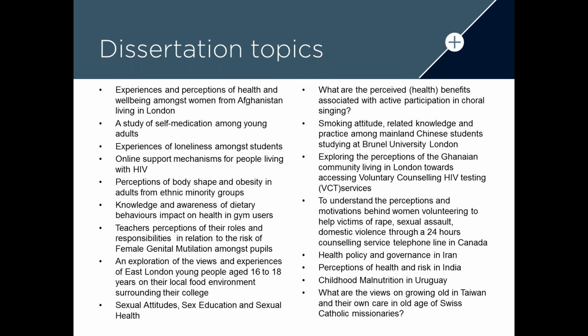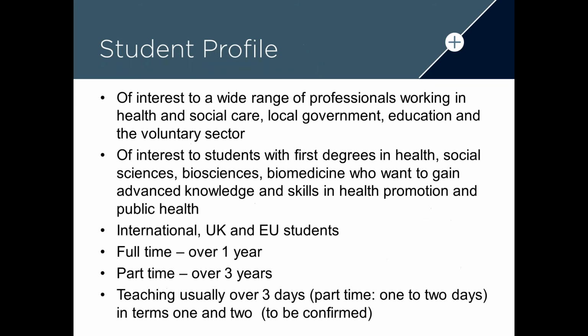So there's a whole range, as you can see, and you'll get a supervisor in the second term onwards, who you work with towards your independent dissertation. The course is of interest to a wide range of professionals who may be working in health and social care, in local government, education, the voluntary sector.